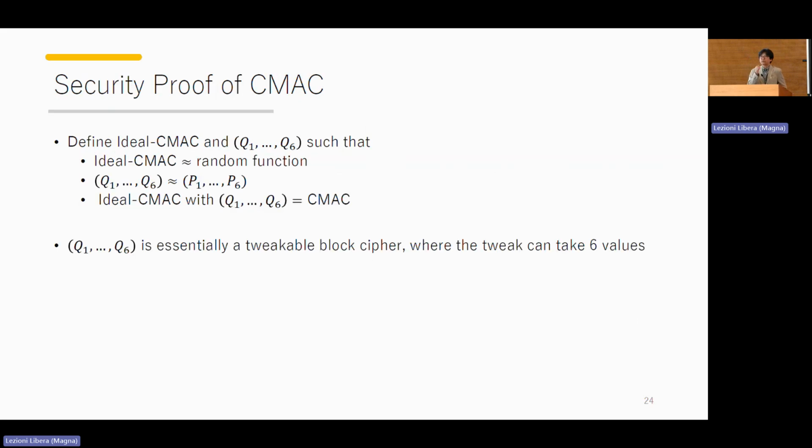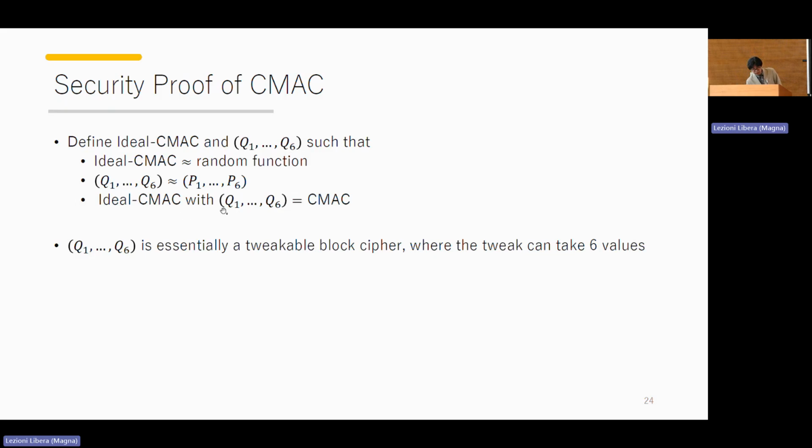So the very first proof went like this. We defined the ideal CMAC and Q1 through Q6 such that the ideal CMAC is close to a random function. Q1 to Q6 are close to 6 independent random permutations.